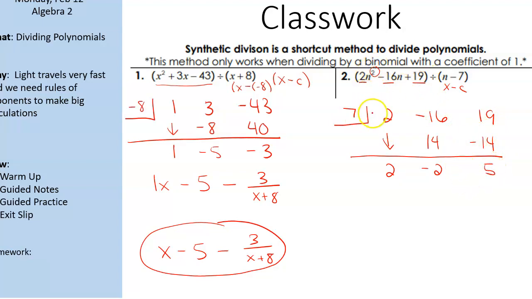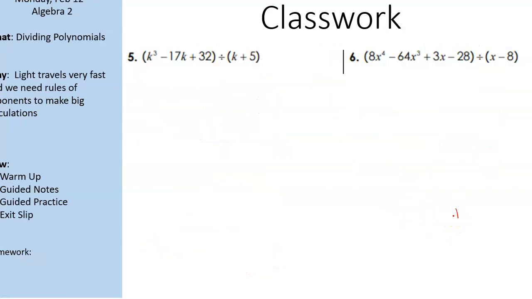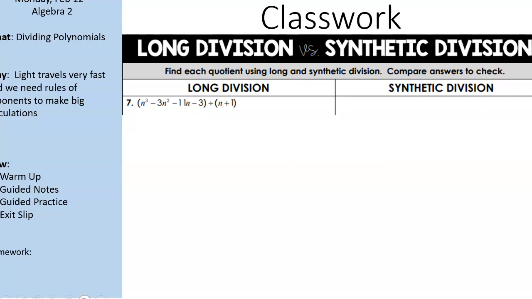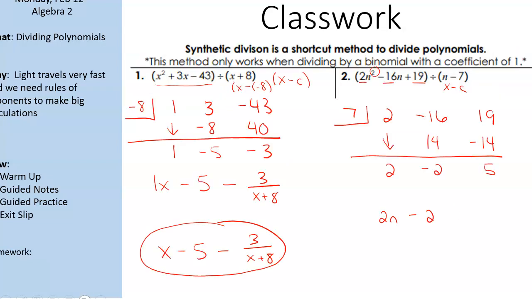Highest power is 2, so that means that I'm going to start with 2n to the first, minus 2, then plus 5 over our divisor of n minus 7. And that is our answer.